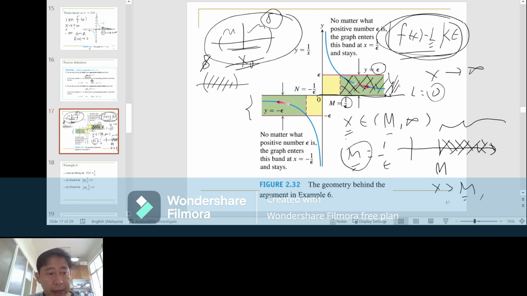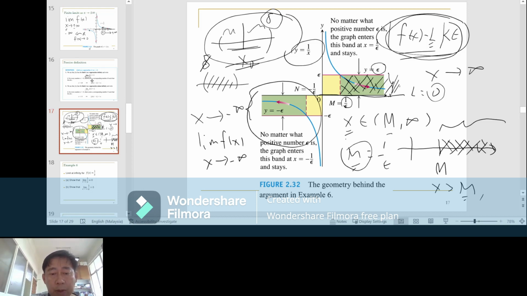So this is a simple example that shows you how to prove the limit of y equals 1 over x when x tends towards positive infinity. The same argument can also apply to the other side where x tends towards minus infinity. If you want to prove that a function has a limit when x tends towards minus infinity, you have to prove the existence of a number m such that whenever x is less than minus m, then f(x) is always sandwiched within the epsilon sandwich.